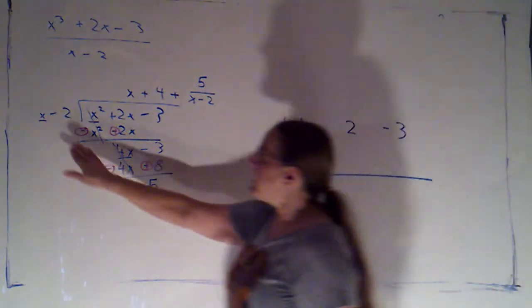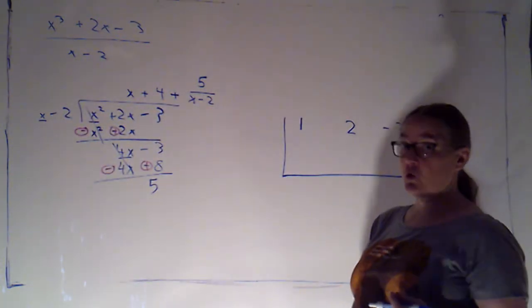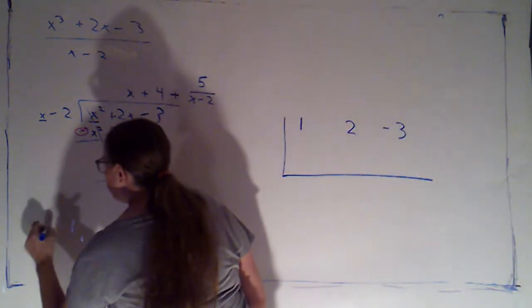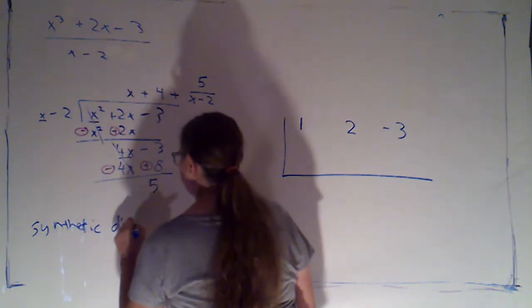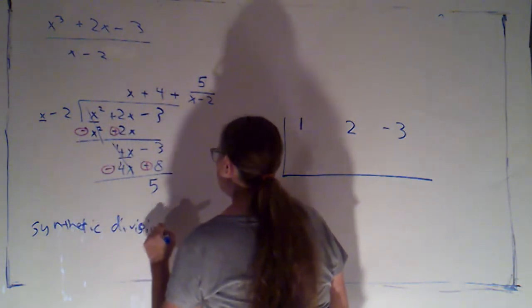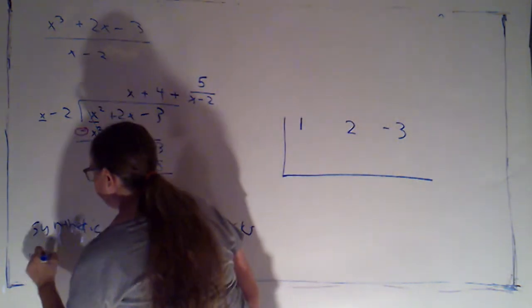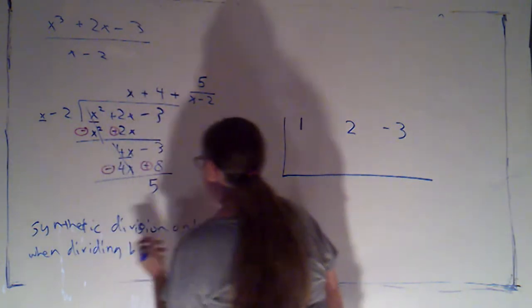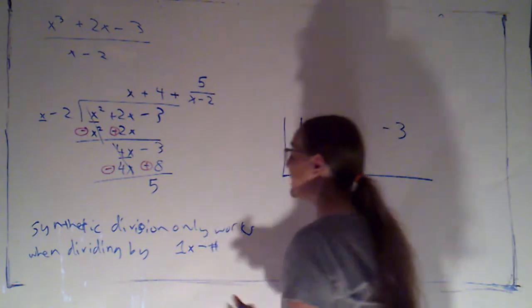Now, I'm dividing by x minus 2. Synthetic division is a shortcut that only works when we're dividing by 1x minus some number.